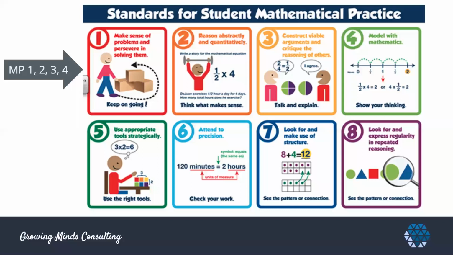They'll reason abstractly and quantitatively, so they'll really be able to think about what makes sense. They'll construct viable arguments and critique the reasoning of others, so they'll have a chance to talk and explain their thinking to their peers. And finally, the students will be able to model with mathematics and show their thinking with visuals.